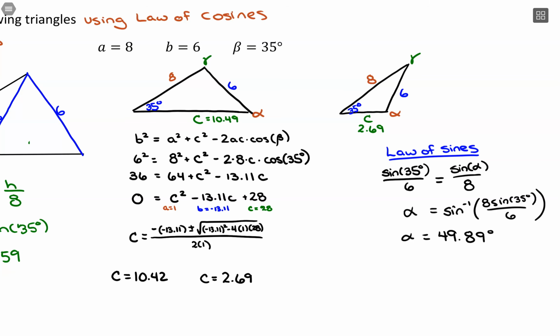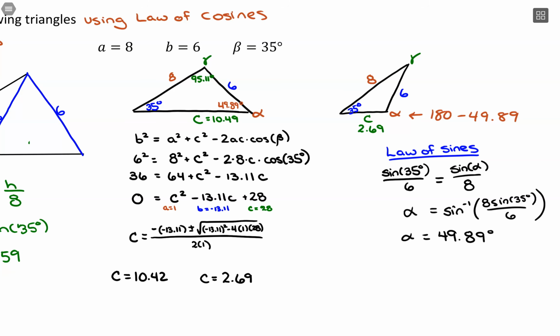49.89 degrees. And then for gamma, if I fill that in, 49.89 degrees. And then solving for gamma, just 180 minus 35 minus 49.89, and that would be 95.11 degrees. All right. Then to find alpha over here, we're just taking 180 minus that 49.89, since those are supplementary to each other.